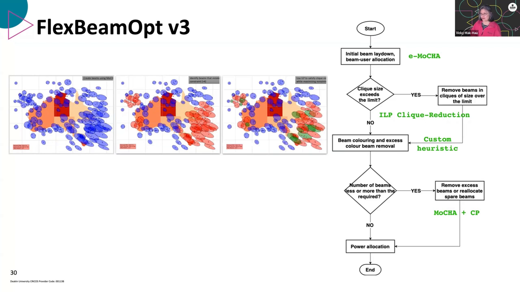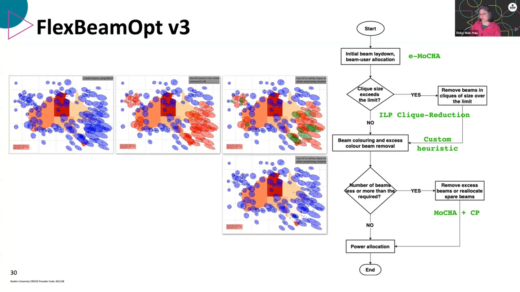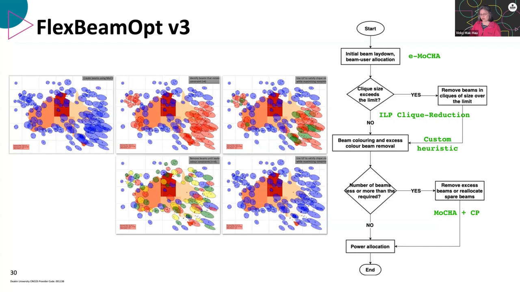And suppose the green ones are the ones that we decided need to go. So we remove them. And with this set of beams, we are certain that we can color them with 4 colors. And then we're going to have to make a decision on which beams we want to remove further if we end up using more than the number of beams available on the system.